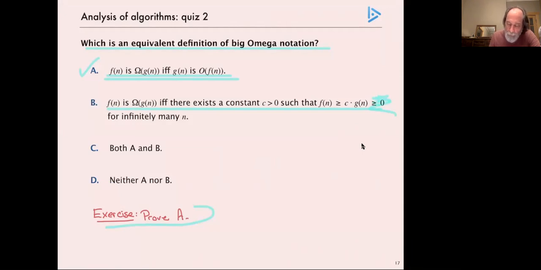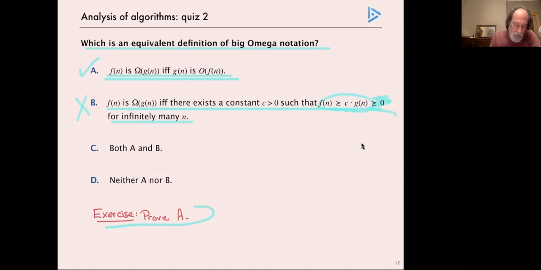We'll just ignore that. So such that f of n is greater than or equal to c times g of n for infinitely many n. Well, this is actually not right, and the reason is our definition insists that it's for all n. You can have the inequality hold for infinitely many n, but still fail for infinitely many n.